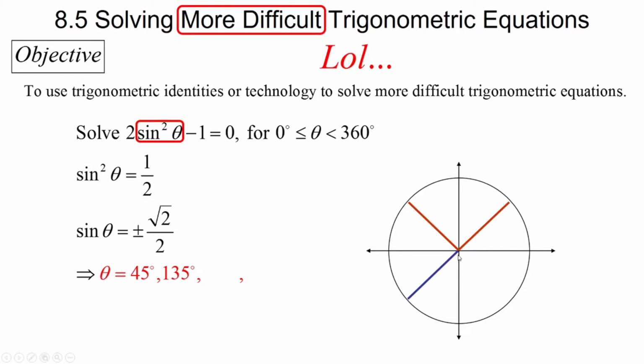So what's that angle? Well, I would just take 45 degrees and add 180 to that. Isn't that 225 degrees? And then you have your quadrant 4 angle right here, where this vertical distance is also root 2 over 2, but it's negative. So what is that angle?